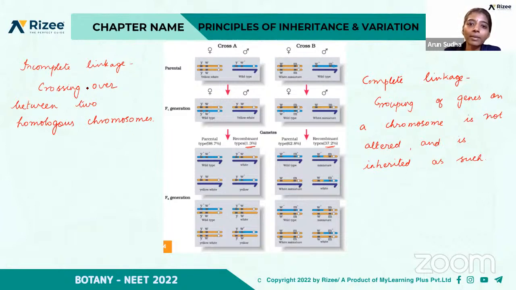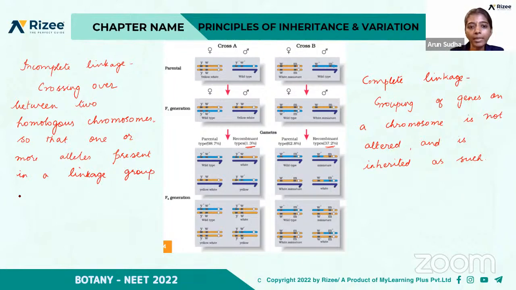But in the case of incomplete linkage, the crossover occurs between the two homologous chromosomes, so that one or more alleles present in a linkage group are replaced by other alleles.